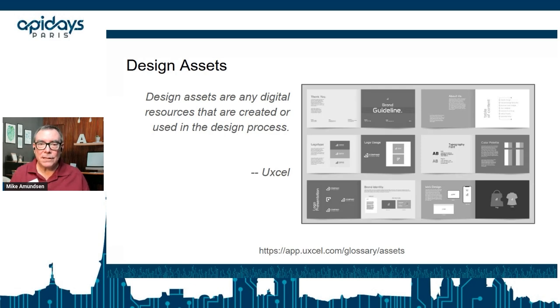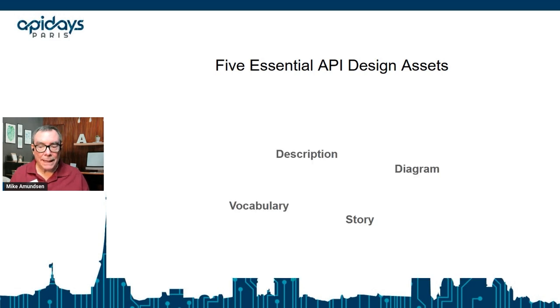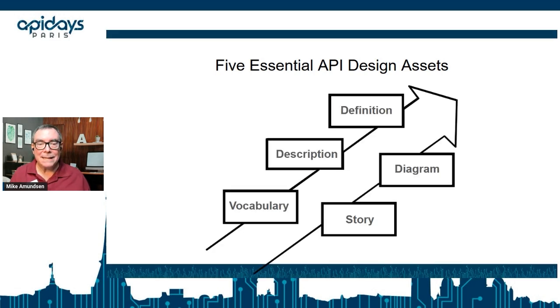Design assets are an essential way to work out the parameters of creating whatever it is you're creating. And APIs deserve those design assets just as any other element does. So I want to focus on what I call 5 essential API design assets. I think these are assets every API project should have: story, vocabulary, diagram, description, and definition.